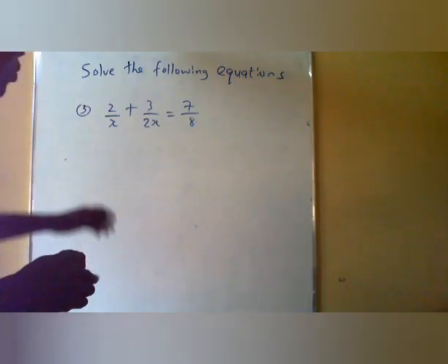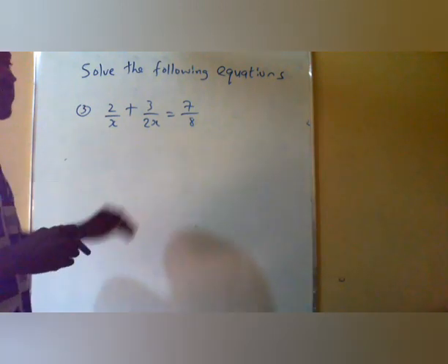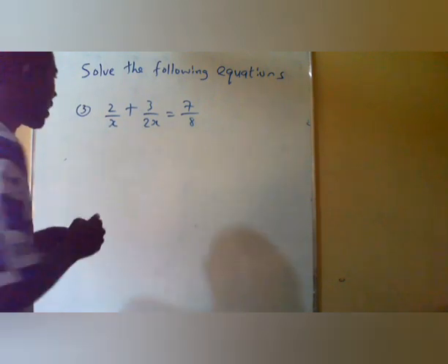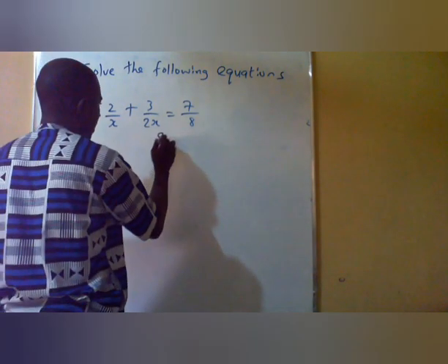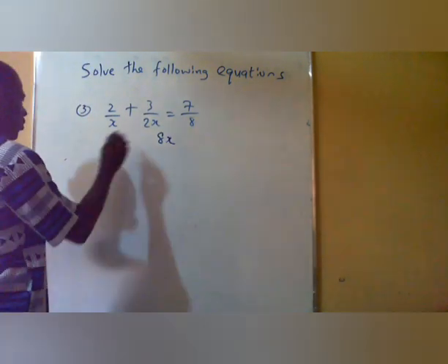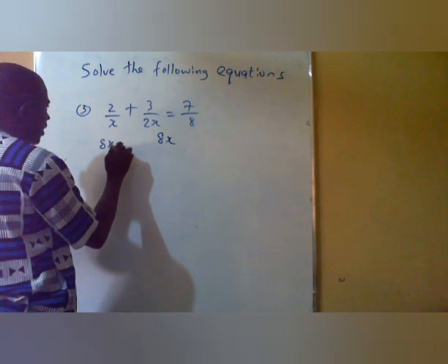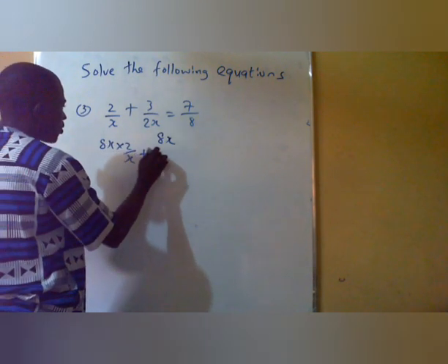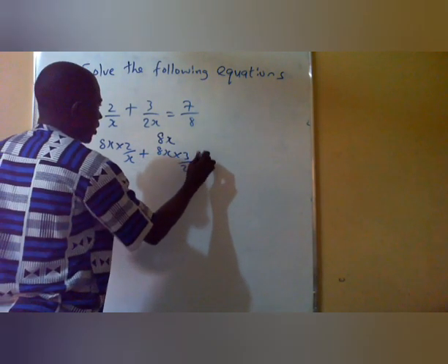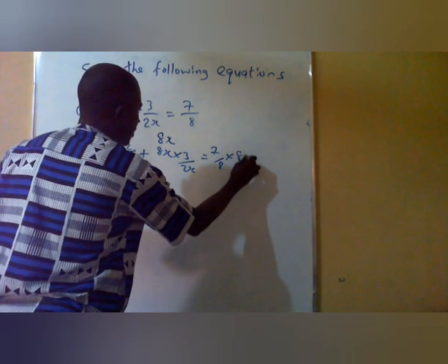Yeah, we are now in question 3. For us to solve this, we need to find the LCM of x, 2x and 8, and the LCM of them is 8x. Next, we'll multiply 8x with all the terms. So the first one is 8x times 2 over x plus 8x times 3 over 2x is equal to 7 over 8 times 8x.